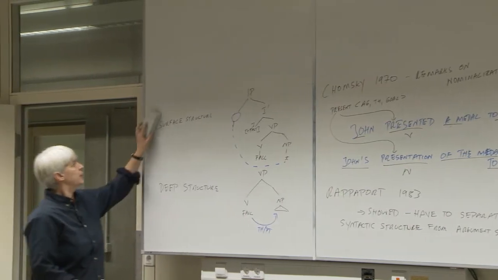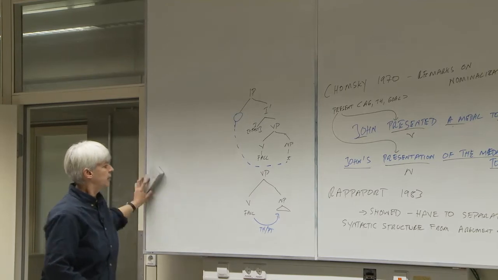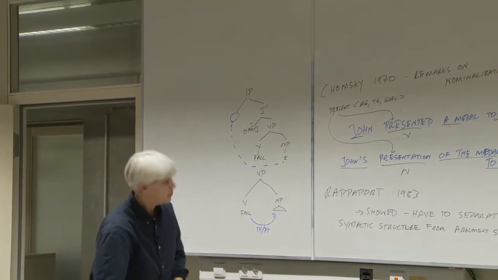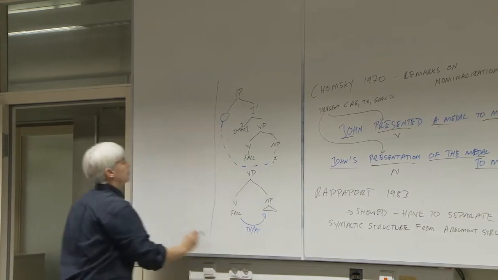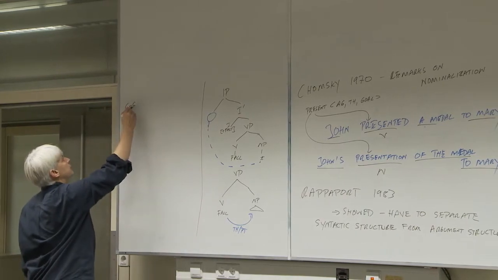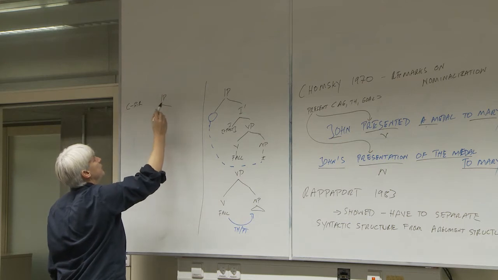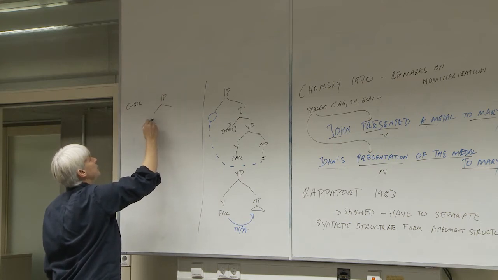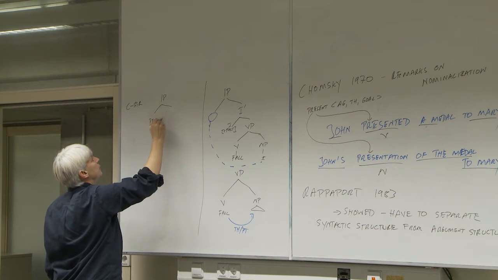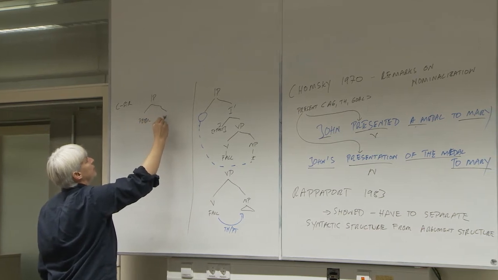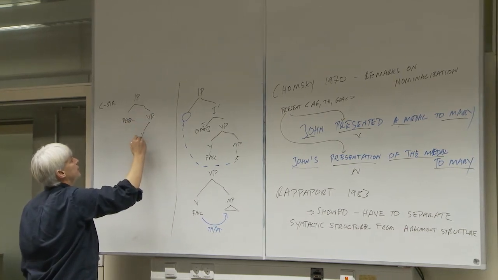So what LFG ended up with is not this deep structure, surface structure business, but they ended up with C structure, where you have something like Peter, what did we have? Fell.